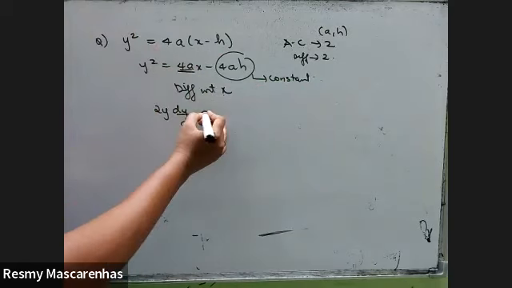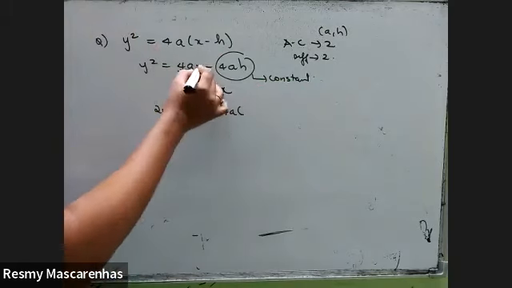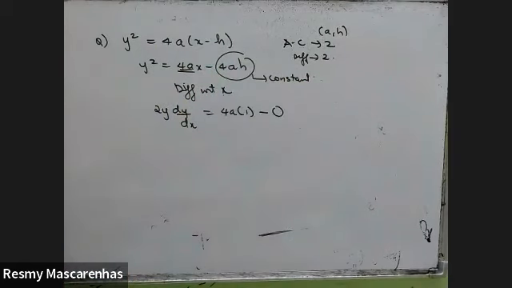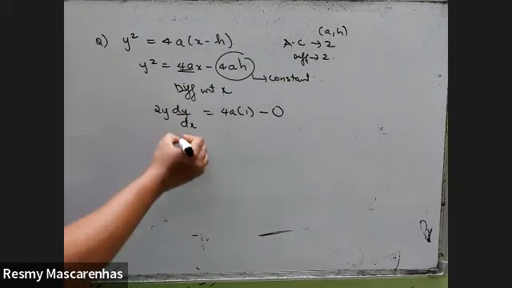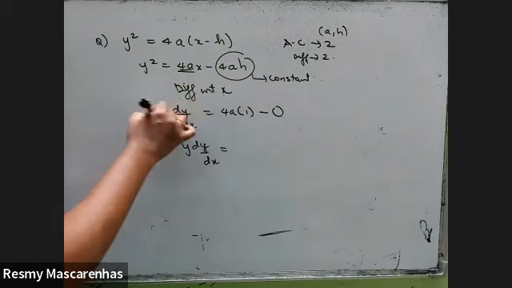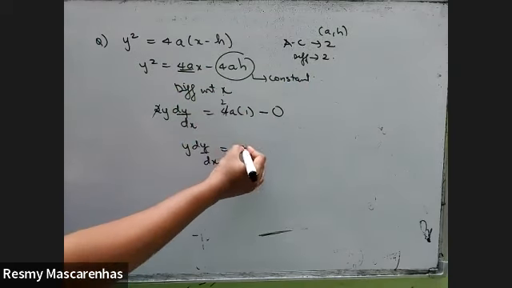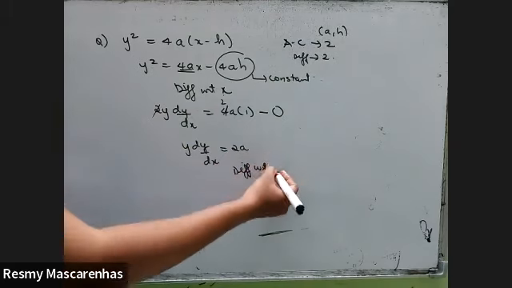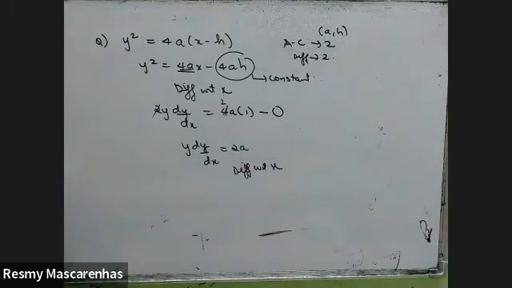This is a coefficient. Derivative of x is 1 and this will be 0. So y dy by dx will be equals to 2a. And now finally we have to differentiate. Only you can differentiate it 2 times.